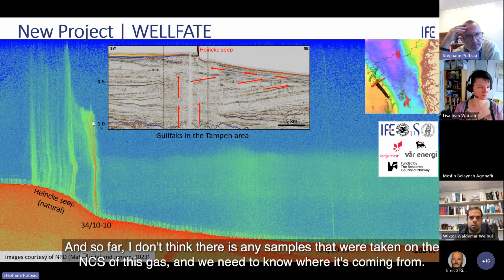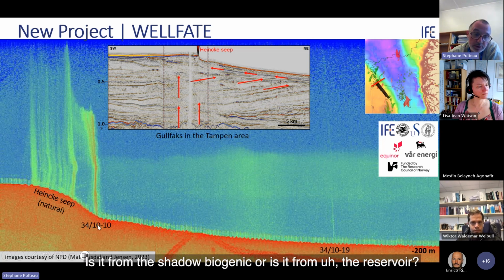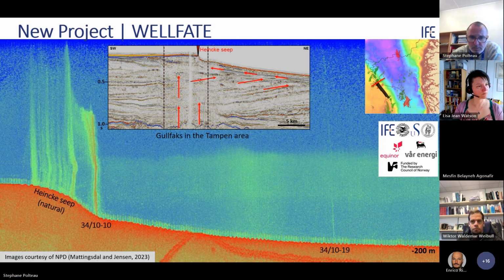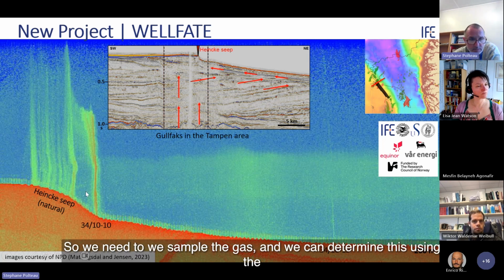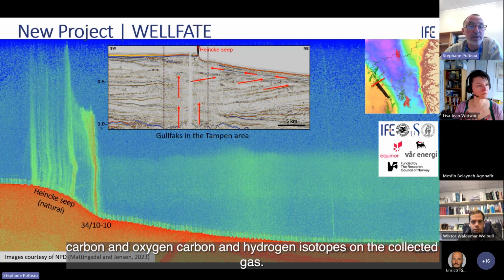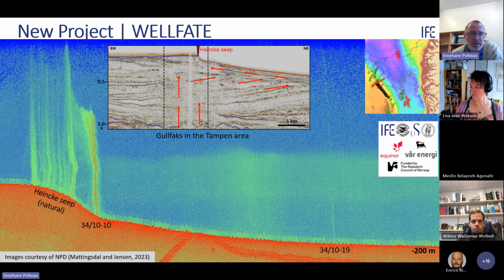So far, I don't think any samples of this gas have been taken on the NCS, and we need to know where it's coming from. Is it from the shallow biogenic, or is it from the reservoir? So we sample the gas, and we can determine this using the carbon and hydrogen isotopes of the collected gas.